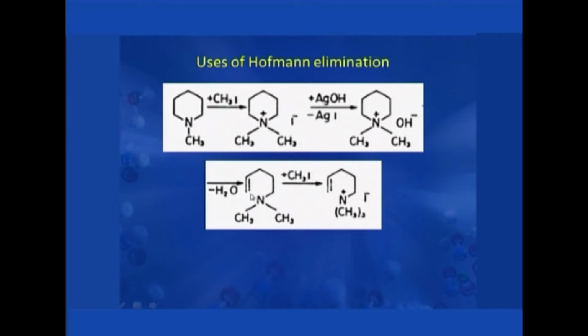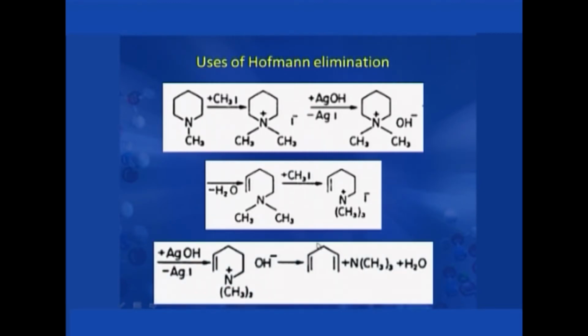a tertiary amine only. This tertiary amine again undergoes methylation, and since it is a tertiary amine, it utilizes only one methyl iodide group. There is formation of quaternary ammonium iodide, followed by formation of quaternary ammonium hydroxide, and then elimination produces 1,4-pentadiene as the product.